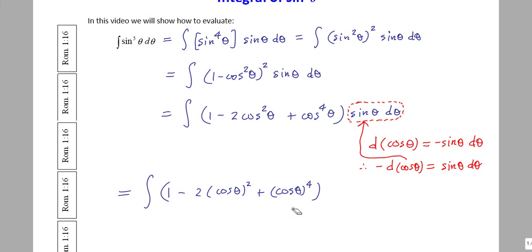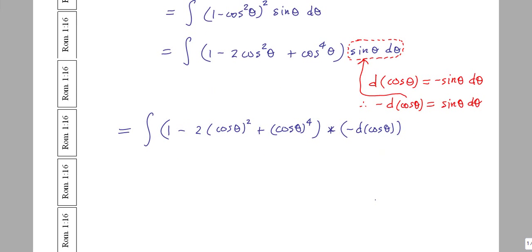And then, as we just said, this is going to be times minus d of cos theta.